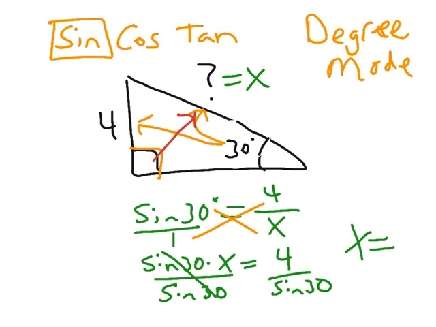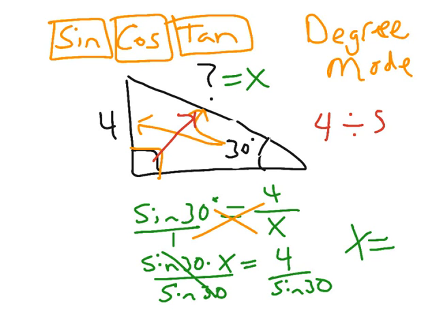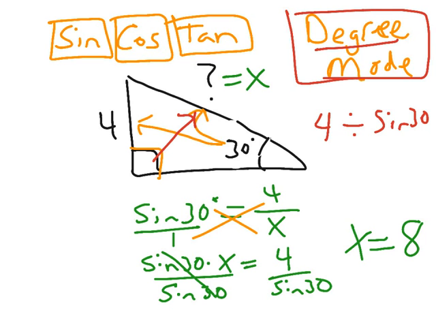Basically what you're going to do is type into your calculator 4, then press divide, and then hit sine 30, and the answer is going to be 8. Your calculator should say 8. If it doesn't, please check to make sure your calculator is in degree mode. If your calculator is not in degree mode, it will not work.